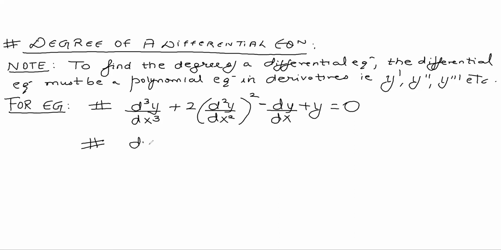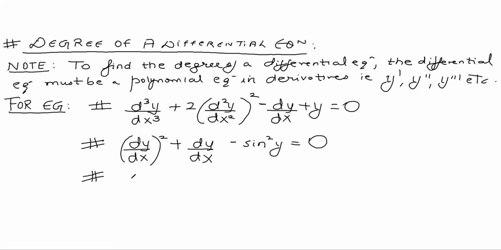Look at another equation, dy by dx whole square plus dy by dx minus sine square y equal to 0. And third equation, dy by dx plus sine of dy by dx equal to 0. Now there are three differential equations. Let us see, can we find their degree or not? So to find the degree, the derivative should be in the form of a polynomial equation.